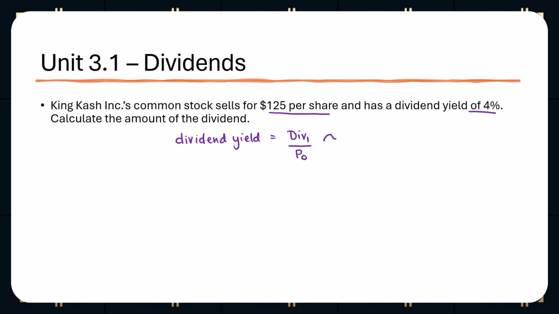If we rearrange this formula, we can find the dividend to be received in 1 year by taking the dividend yield times the price. So we'll take the $125 times 4%, and we will find that the dividend that will be paid at the end of next year is $5.